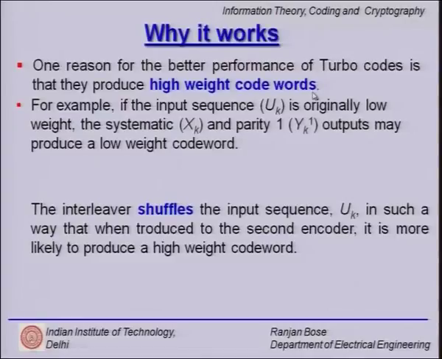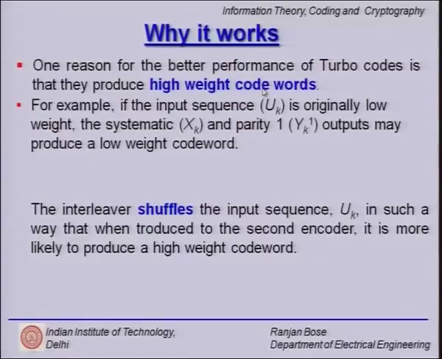If you remember, the simple convolutional encoder was a linear encoder. So, the weight of the code has a direct correspondence with the D free. So, we are concerned with high weight code words leading to better error correcting capability. Now, you must know that D free corresponds to the minimum free distance, which means that we are looking at the worst case scenario.